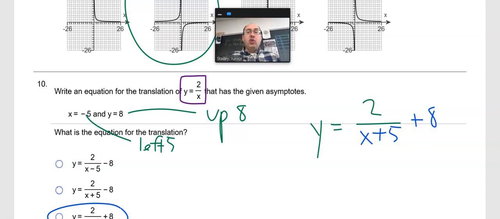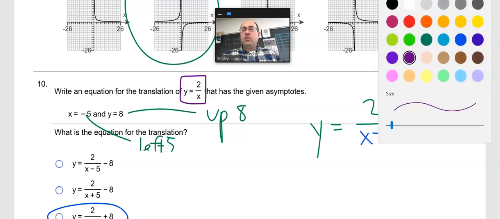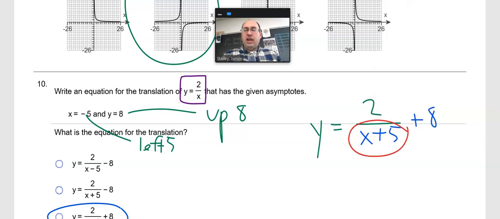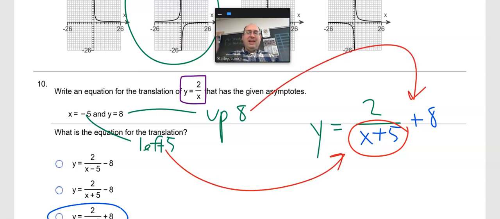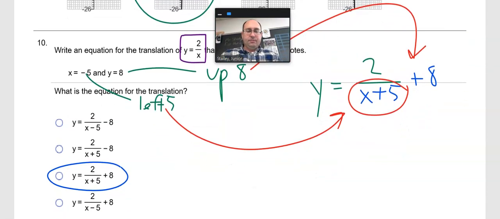So you need to make your equation say that. You need to be able to say, oh, well, we moved left 5. We moved up 8. So the third one down there is the correct answer. All you're doing is trying to find an equation that fits the information they gave you. Those vertical asymptotes show you where it moved.